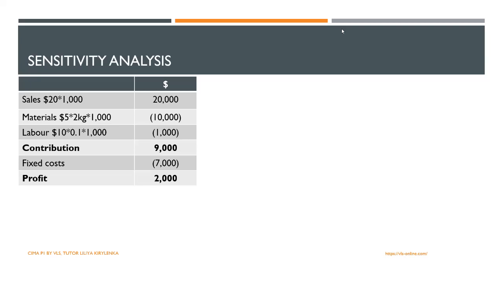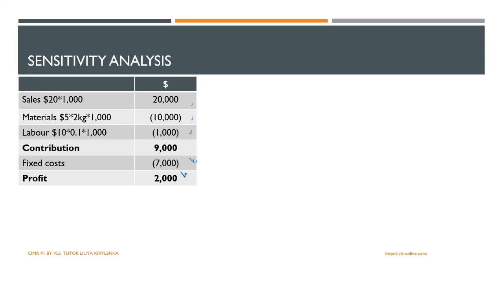Well, we can do that with sensitivity analysis. Right now we have a profit of 2,000. So if any of the lines gets decreased by 2,000, then our profit will be lost, so we will have 0. And if it is decreased by more than 2,000, then we are actually going to have a loss.